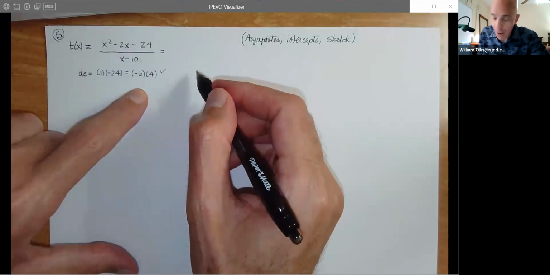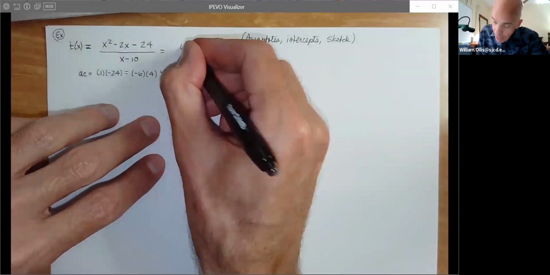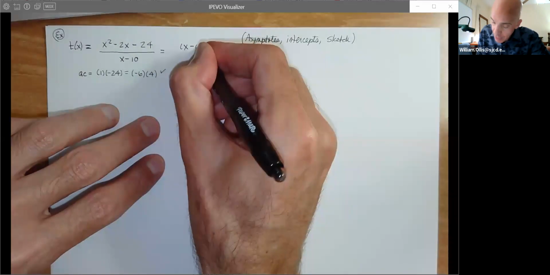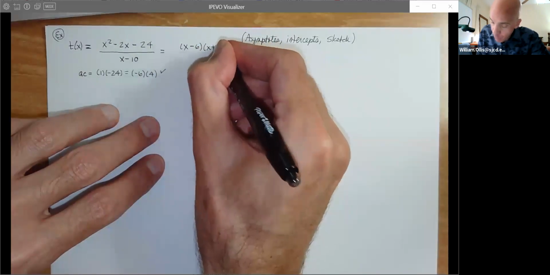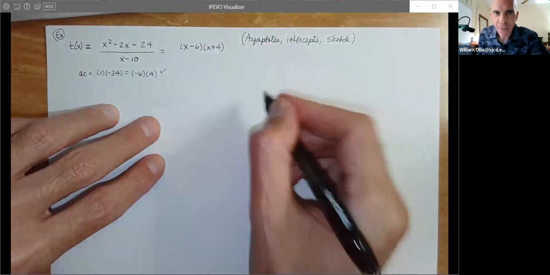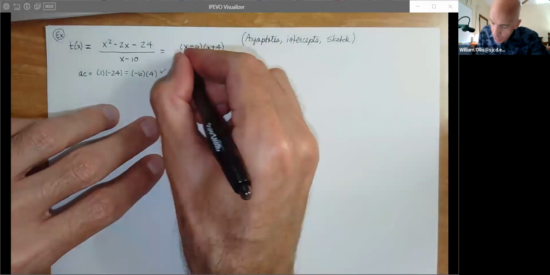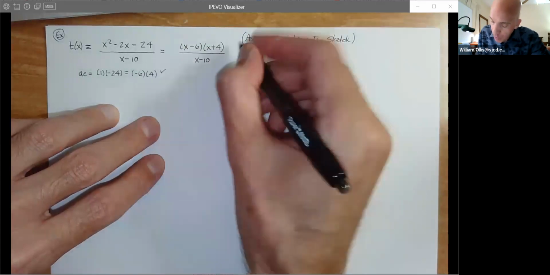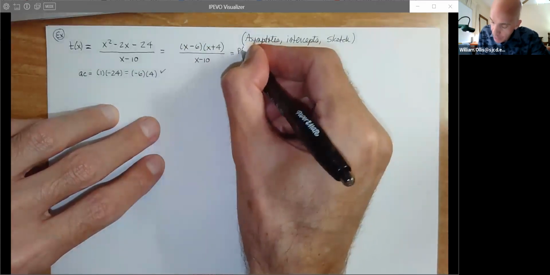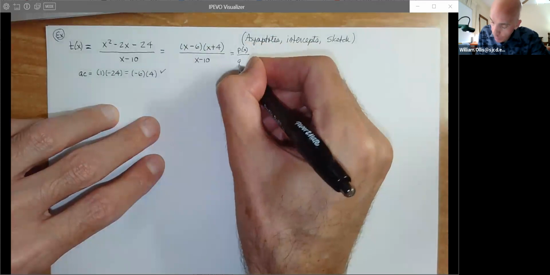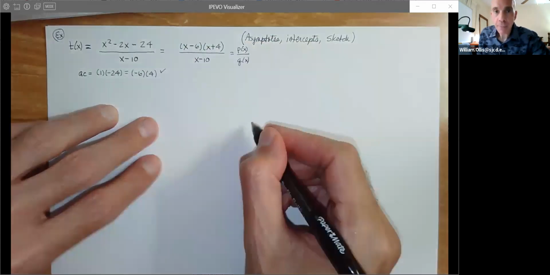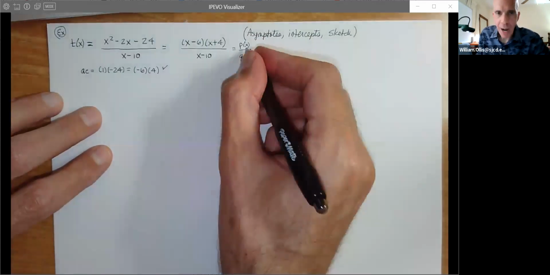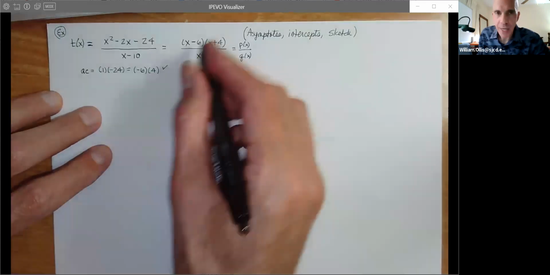So that's an easy factorization. So we have x minus 6 times x plus 4, just to go ahead and factor it. And then downstairs, we have x minus 10. So we're thinking of this as P of x over Q of x. You don't have to write that, but again, just do the analysis part.